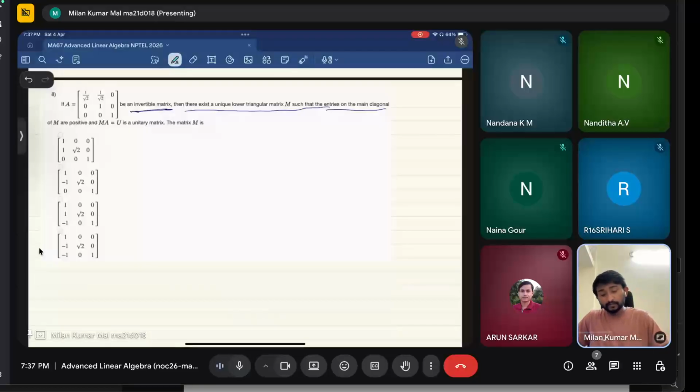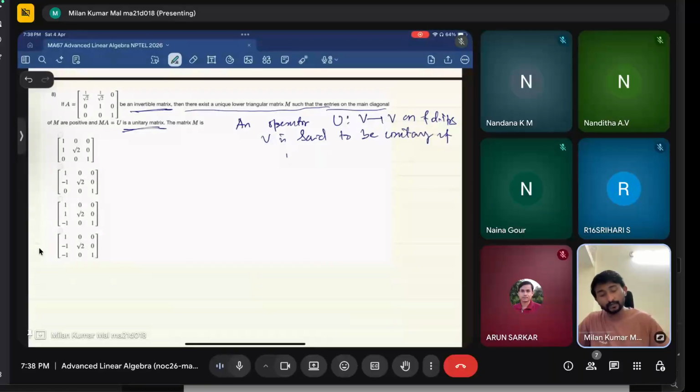What is a unitary operator, or a unitary matrix? An operator U on a finite dimensional linear product space V is said to be unitary if U star U is equal to the identity operator.